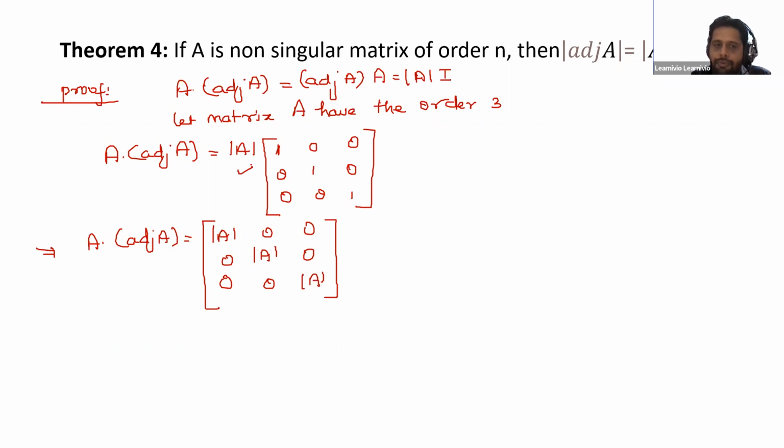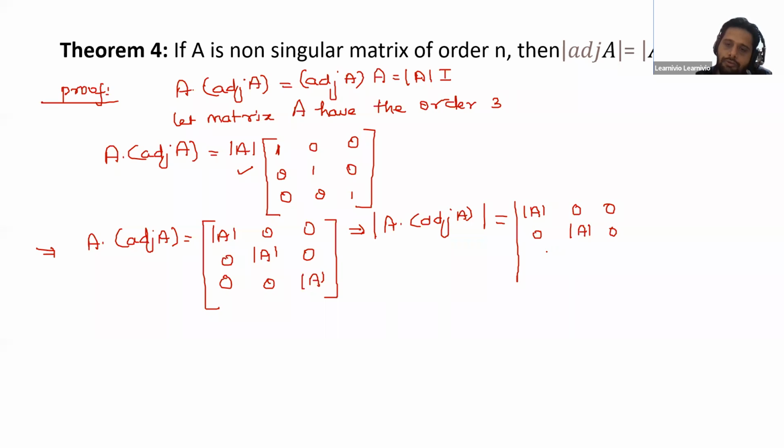Now, if we take a determinant on both sides, we will get determinant of A into adjoint of A, and this is equal to the determinant of the matrix with determinant of A on the diagonal and zeros elsewhere.